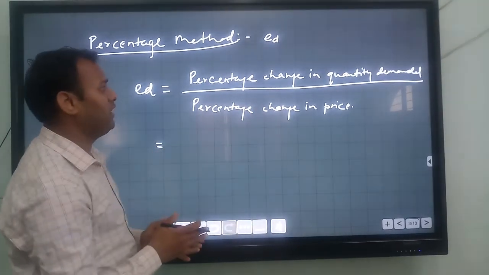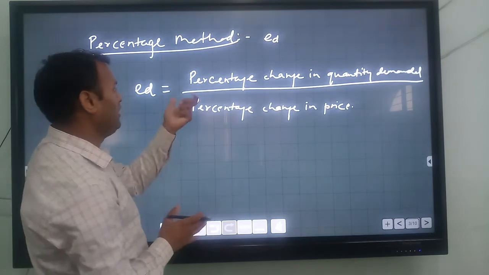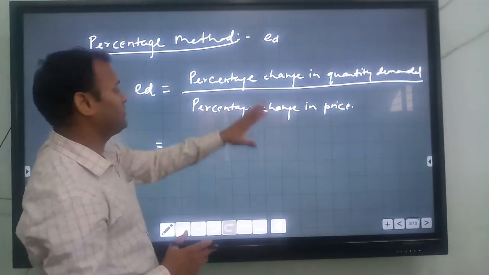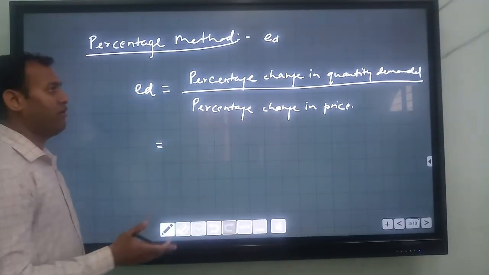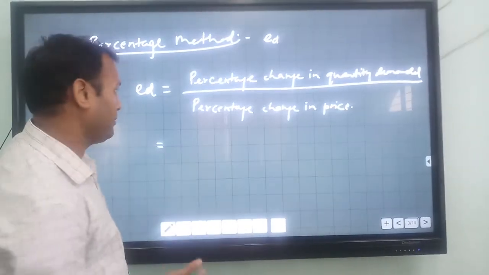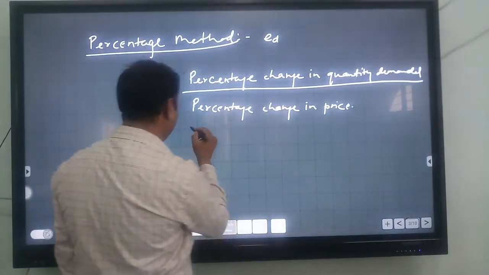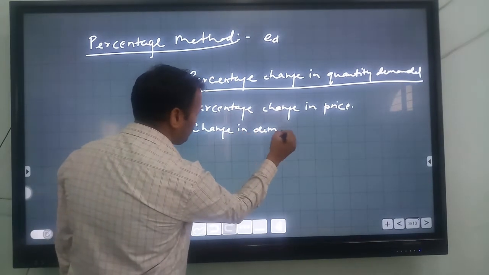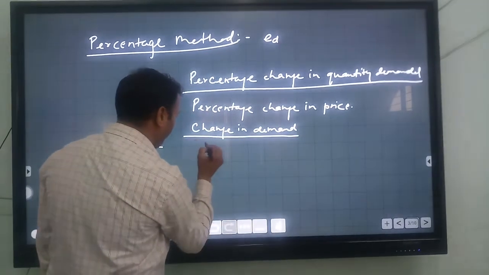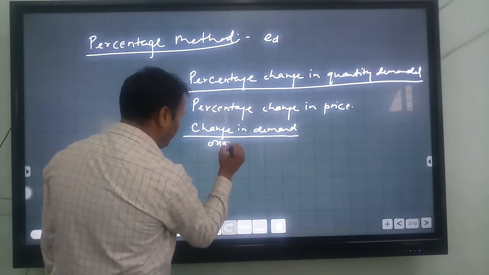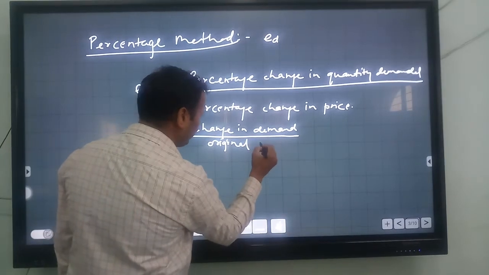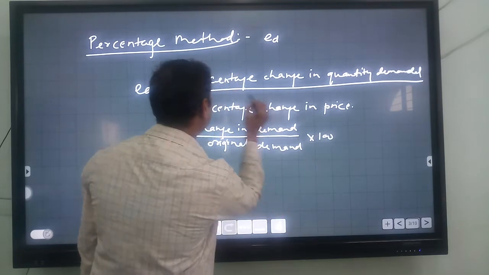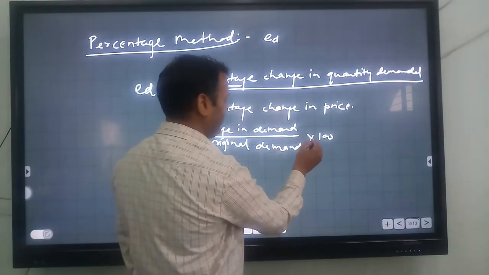Now we'll solve the numerical problem. We have to derive the formula of elasticity of demand. Percentage change in quantity demanded is change in demand upon original demand into 100, because the percentage sign is there, so we multiply by 100.